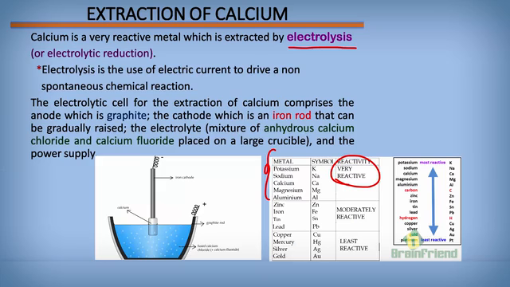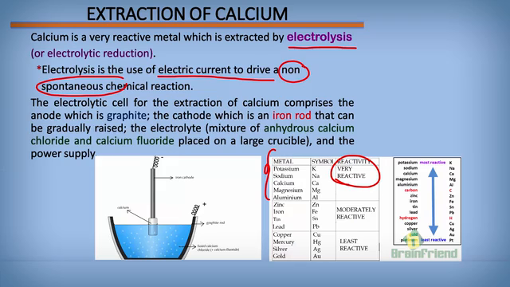And electrolysis simply means the use of electric current to drive a non-spontaneous chemical reaction. In other words, we are using electricity to drive a reaction that on its own wouldn't be able to proceed, all right? So now the electrolytic cell for the extraction of various metals differ.